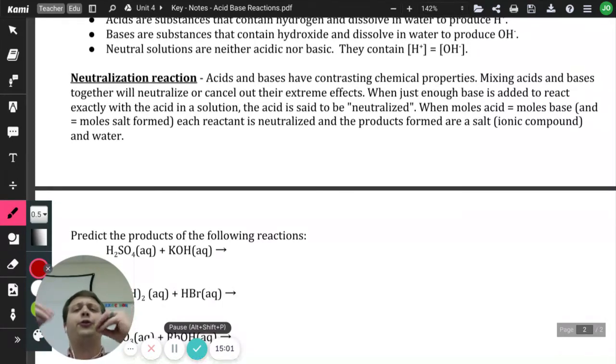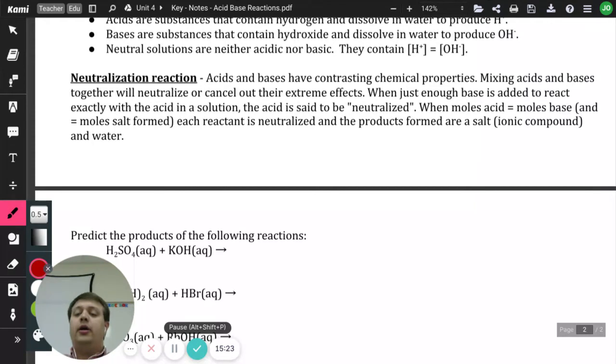So it's not going to act like a strong acid or a strong base anymore. When you add just enough base to an acid, we say that acid is neutralized, or vice versa. I technically could add just enough acid to neutralize a base.